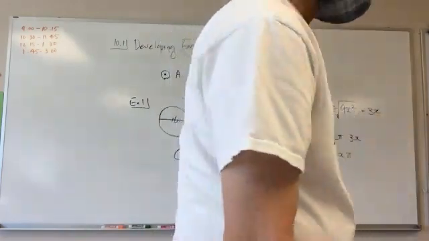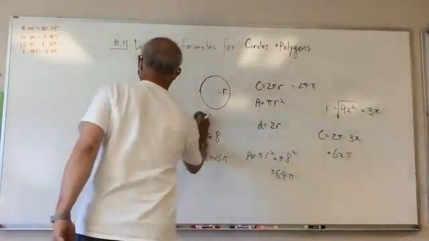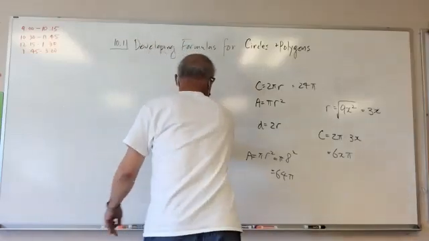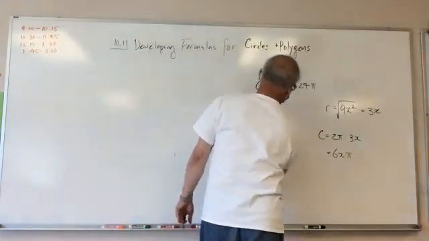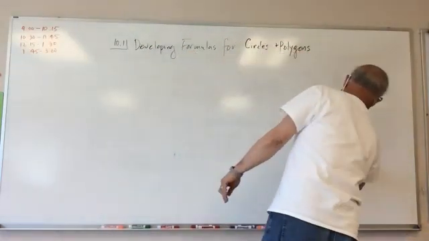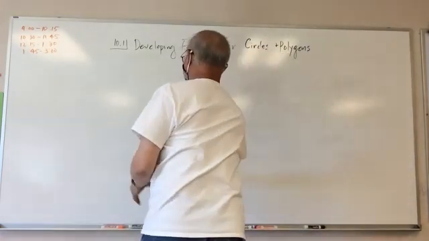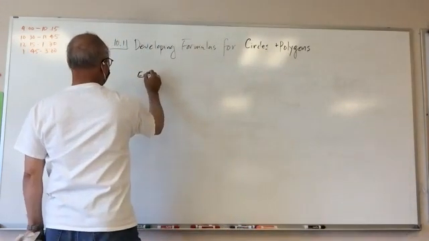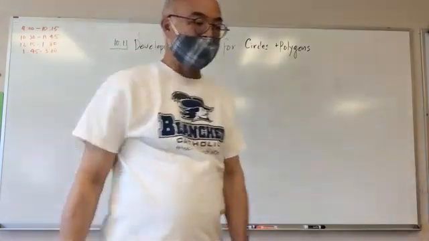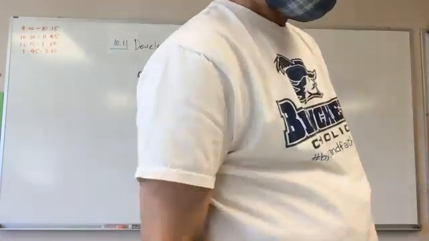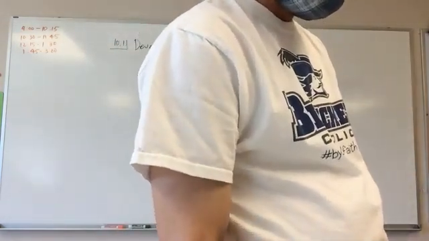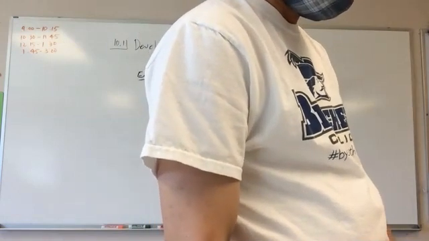Let's do example number 2. Number 2, you have a drum kit. 3 drums, diameters of 10, 12, and 14 inches.